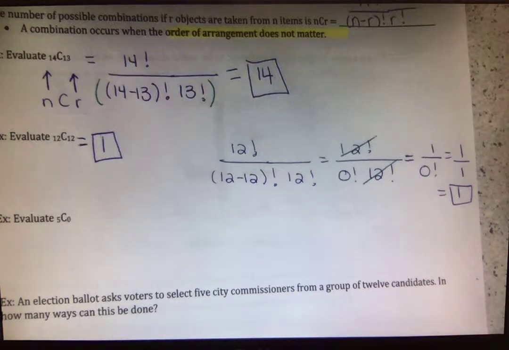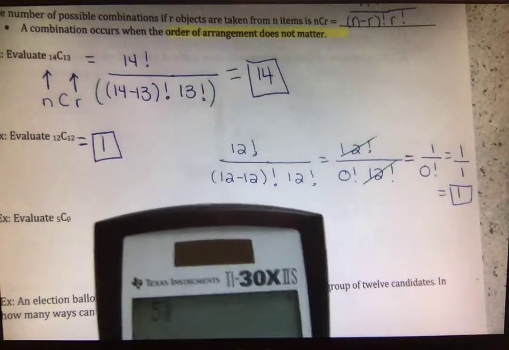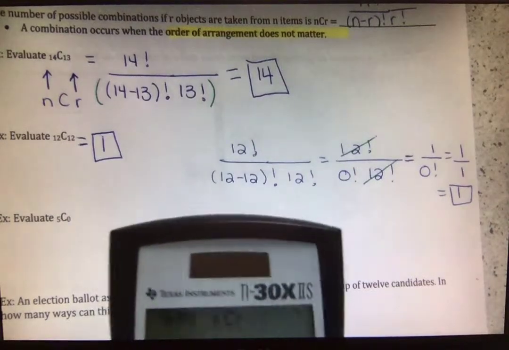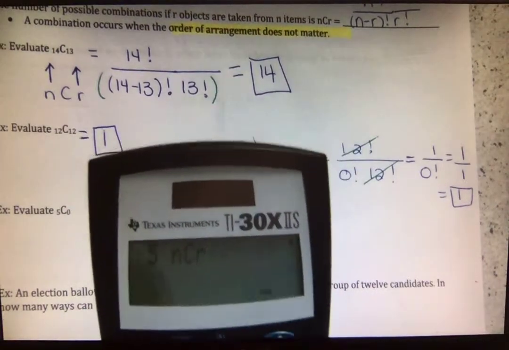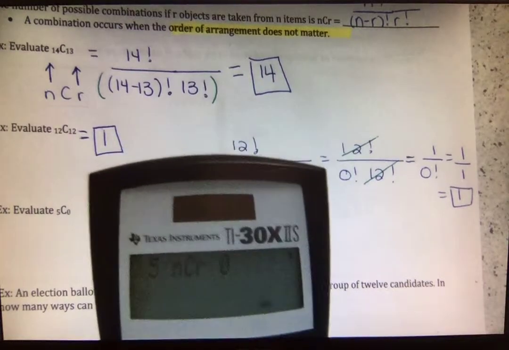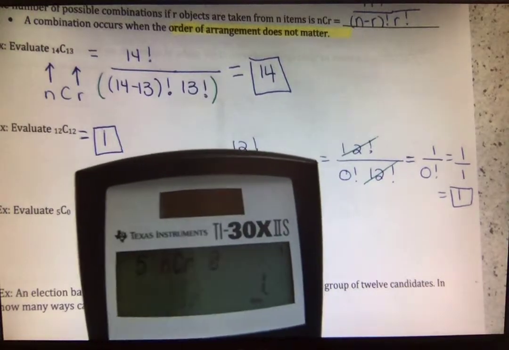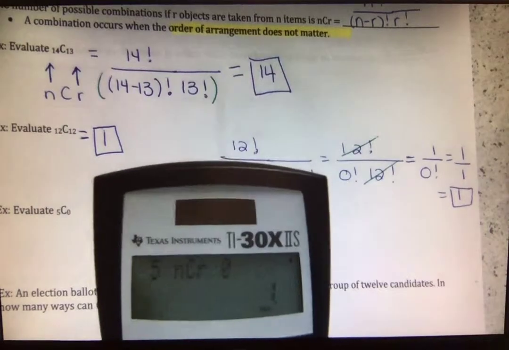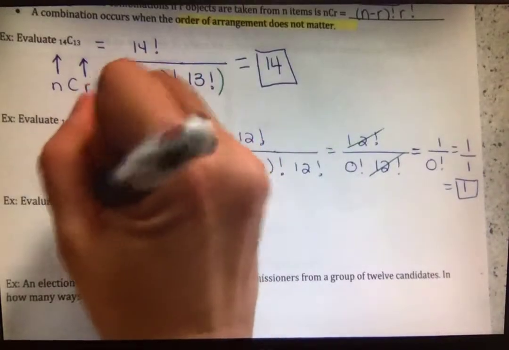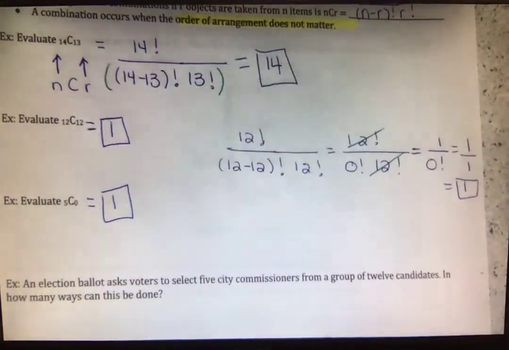Just one way. Let's make sure. 5, PRB, scrolling over to our combination. We're choosing 0 items out of the 5. Only one way to do that. Just not take anything out. So that's 1.